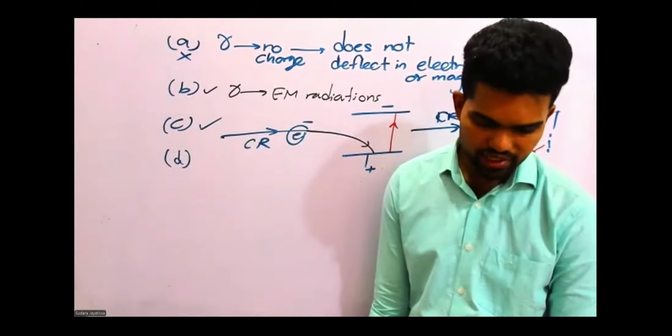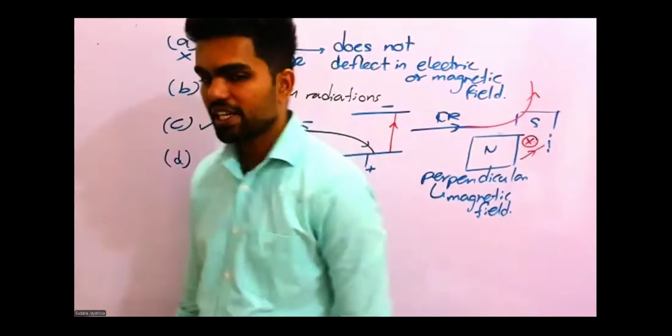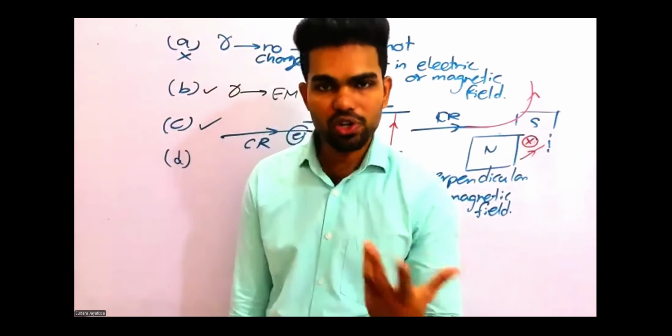Then look at D. The penetrating ability of beta is extremely high. No, the penetration ability will be extremely high for gamma rays. In the question they are asking us to consider alpha, beta, gamma, and cathode rays. From those, gamma is the tiniest particle, basically photons.